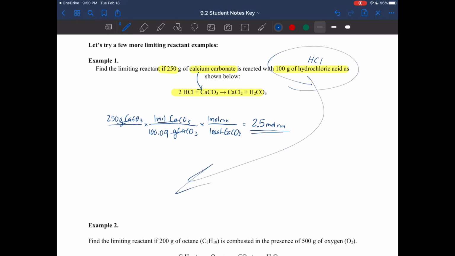One more reactant we have to check though, 100 grams of HCl. We have to figure out how many moles of HCl that is first. So in 1 mole of HCl, we have to add up the mass of an H and a Cl.